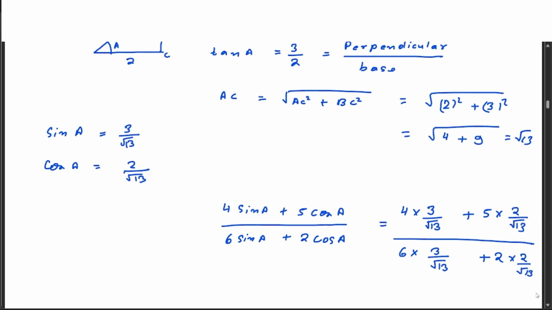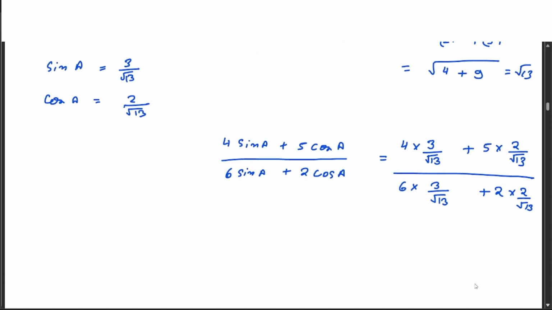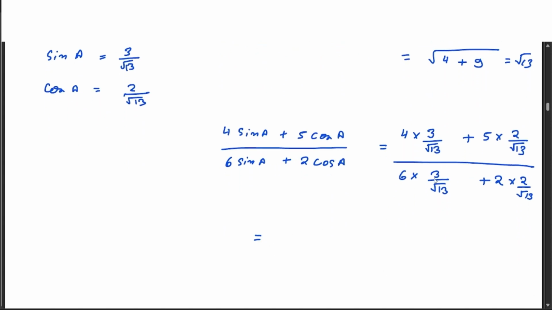Okay, now you can solve this one simple way. So here you will get 12 over root 13 plus 10 over root 13. Okay, over you will get 18 over root 13 plus 4 over root 13. Now you can see in the numerator and denominator you have both like fractions.